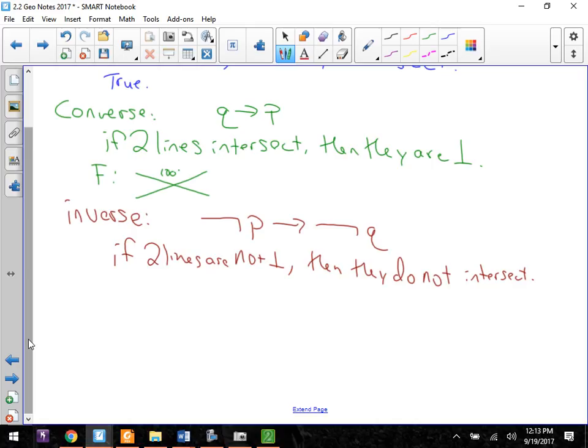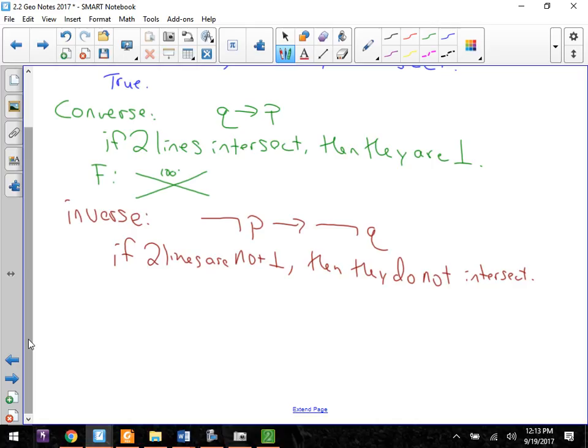True or false? Two lines are not perpendicular, then they do not intersect. False? Give me a counterexample.